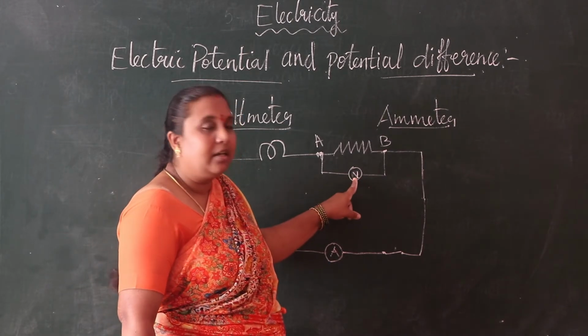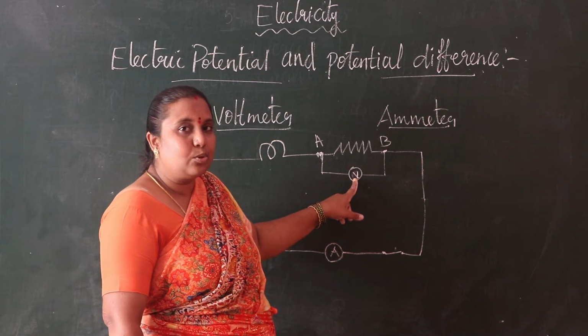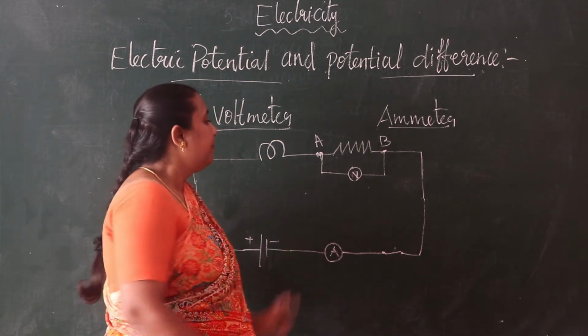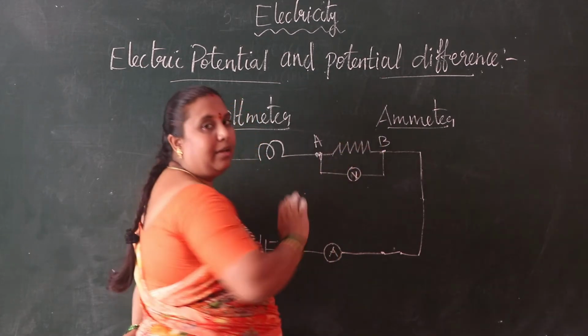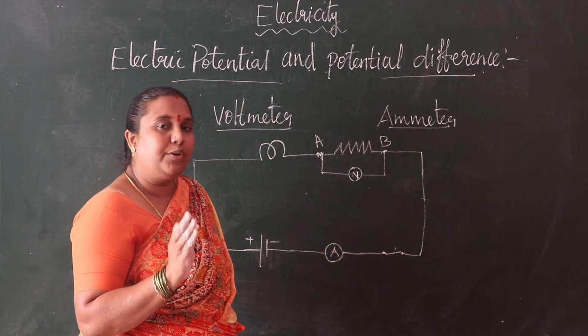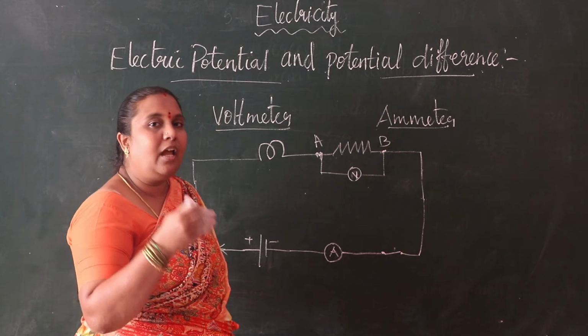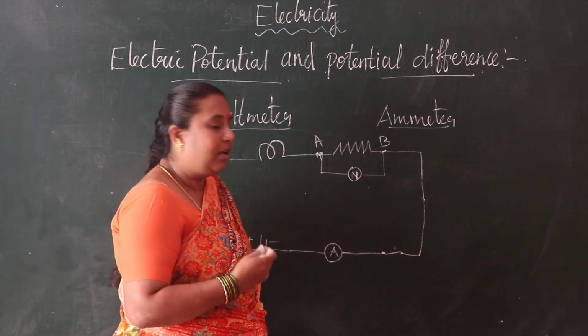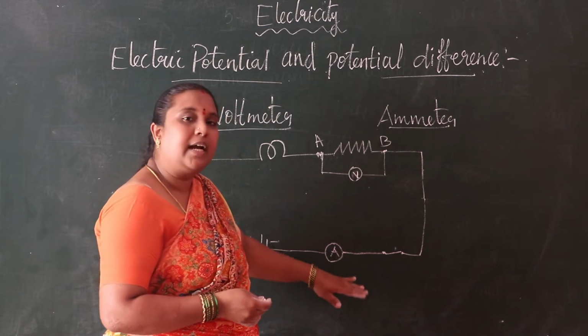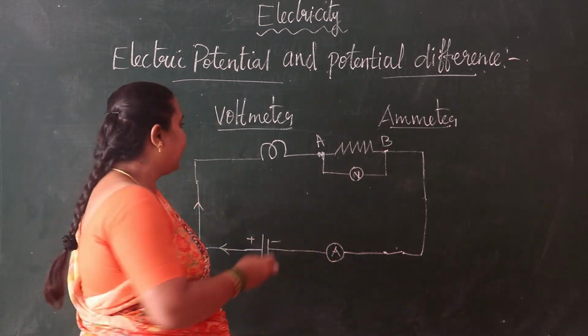The voltmeter is an instrument used to find the potential difference between the two points, where we connect it in parallel to the two points.